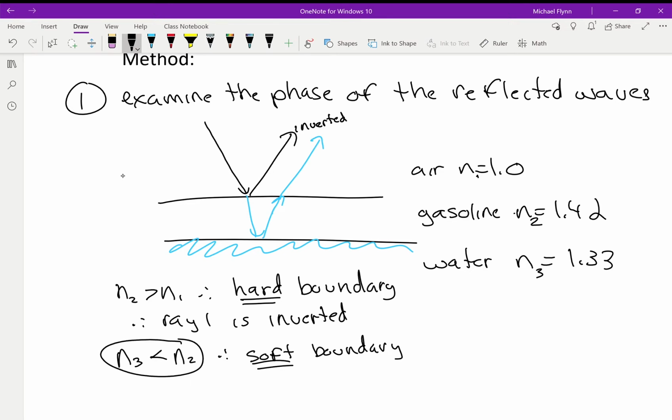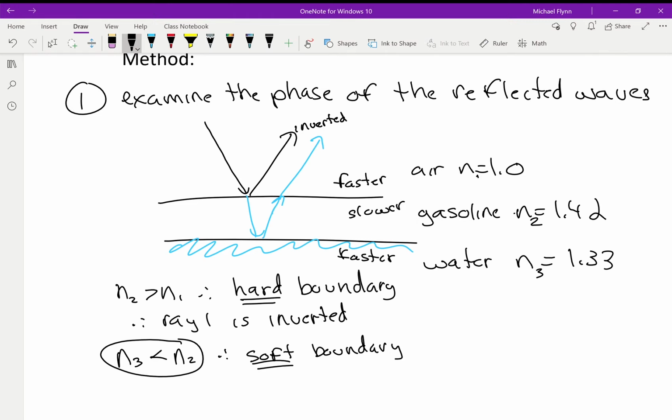Okay, if N3 is less than N2, in other words, if it starts in a medium that's more dense, and bounces off a less dense medium, okay, if you want, this is fast here, this is slower here, and this is faster here. So if you're bouncing off a slower medium, you're going to invert.